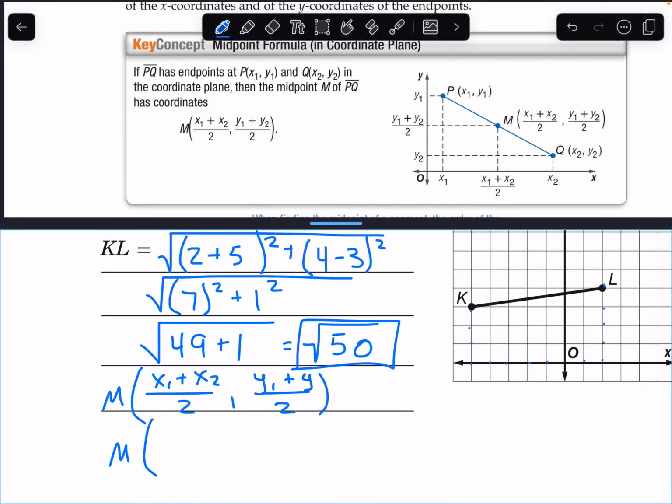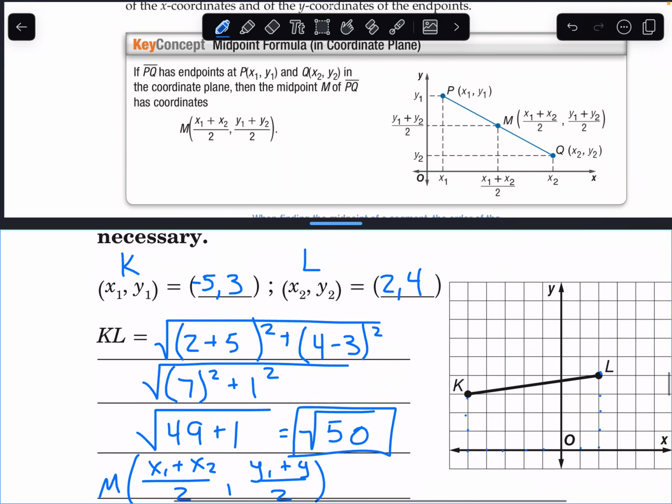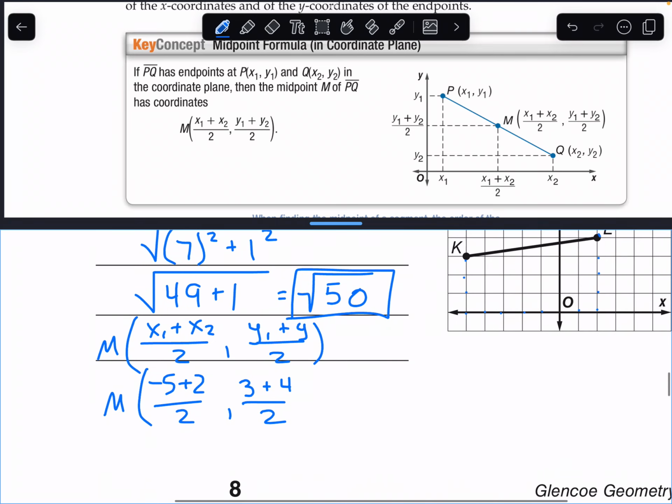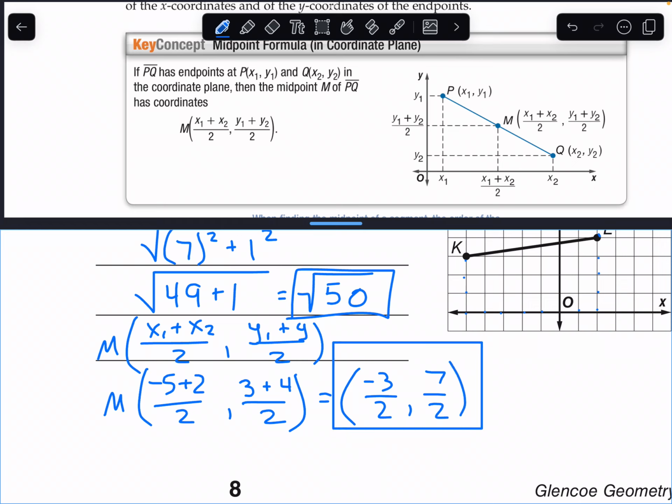So 2, nope, they're in reverse order, right? So I did the -5 first plus the 2 all over 2. And this was the 3 plus the 4 all over 2. Let me double check that. -5 plus 2 and 3 plus 4. Yes, I agree. Which makes -5 plus 2 is -3 over 2, and 3 plus 4 is 7 over 2. And I'm just going to leave it as improper fractions. That is generally my preference.